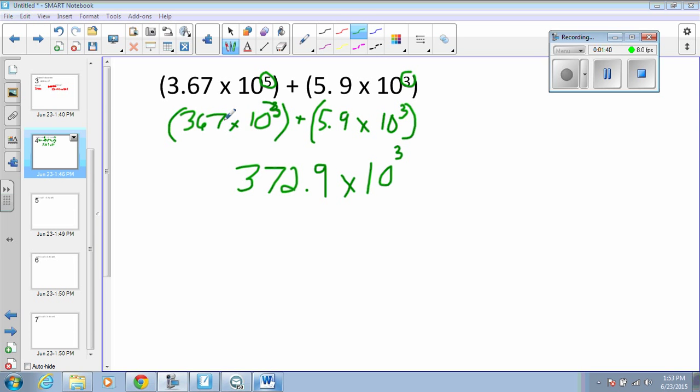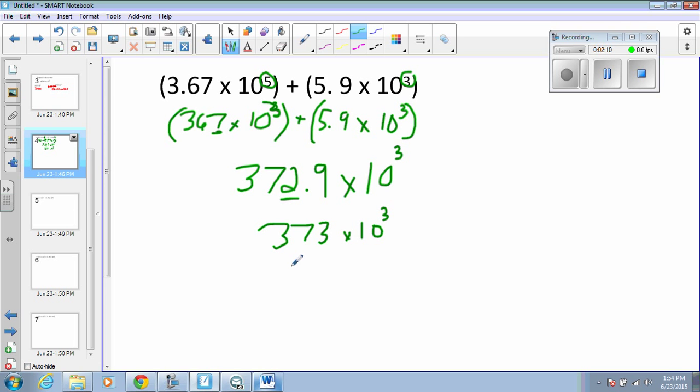But going back to correctly adding with significant digits, we are precise to this place in our first number. Therefore, we can only be precise to that place value. So our real number is 373 because the 9 rounds that up, times 10 to the third.